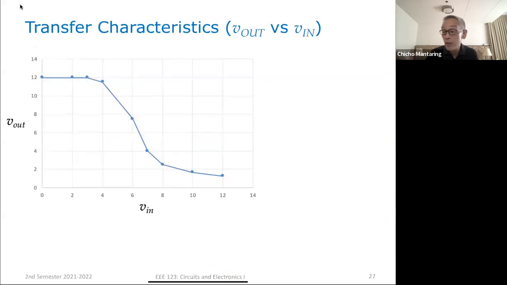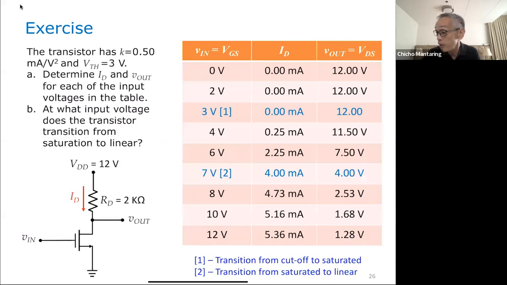If I plot what we call the transfer characteristics, that's a plot of the output versus the input. So what does this allow us to do? For any particular input voltage, kitang-kita natin what the output voltage is going to be. So if I just plot these points, the output versus my input.